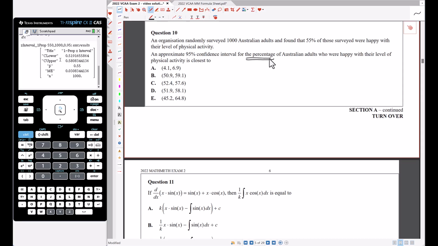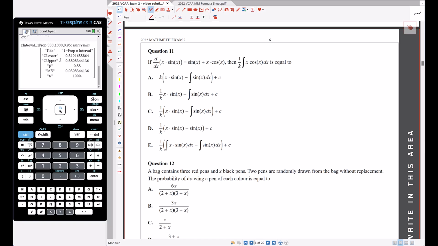So the confidence interval is 0.5192, 0.5808, but it does say the percentage. So 0.5192 is equivalent to 51.9% to 58.1%. So we should have that 51.9 to 58.1, so option D, question 10.